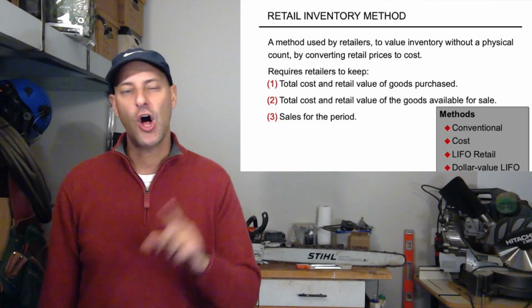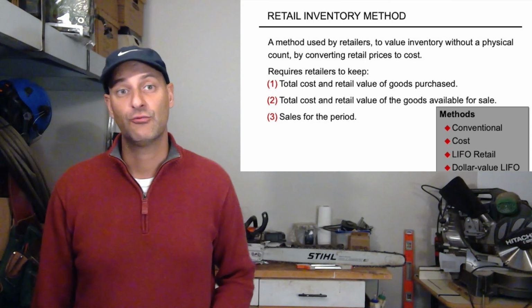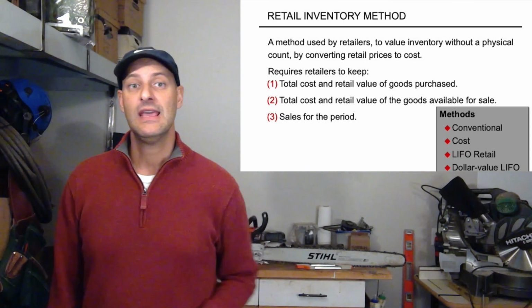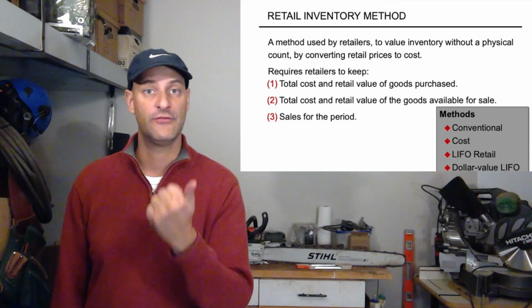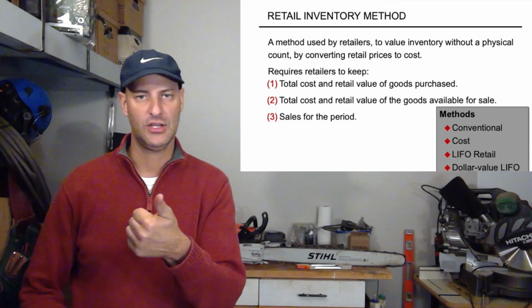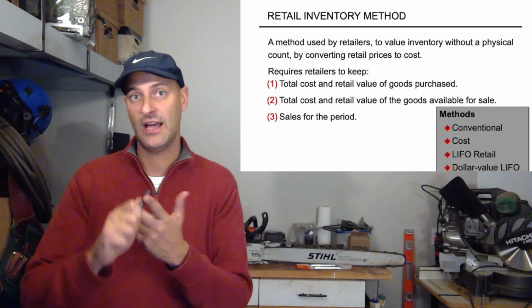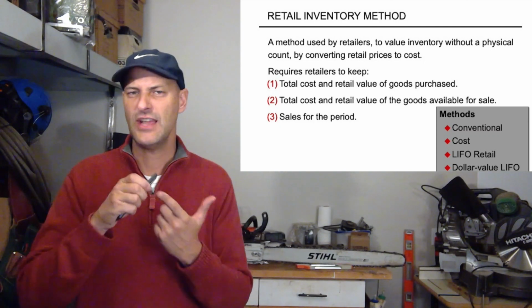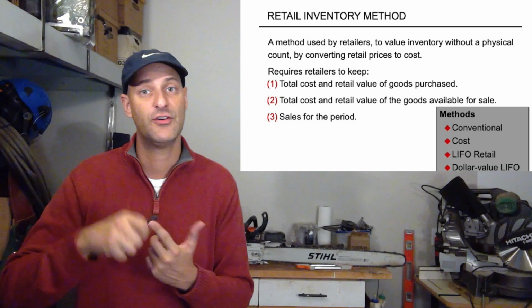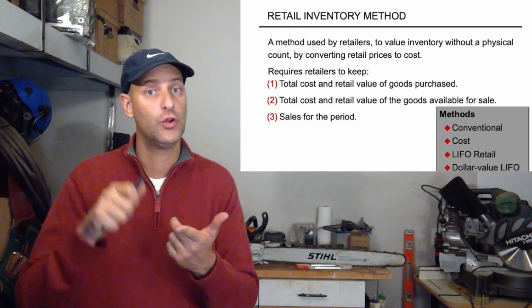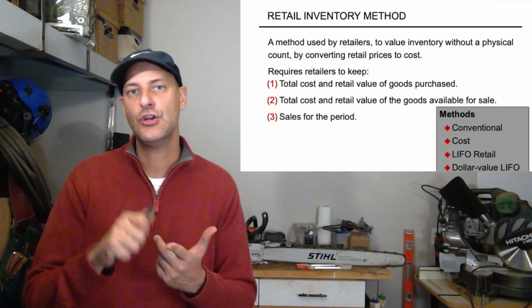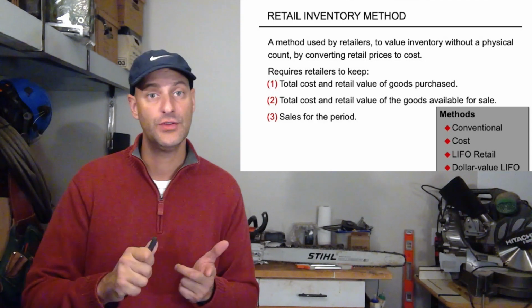So all this requires, and the benefit of this is for retailers, is that all they need to do is have total cost and retail value of goods purchased. Well, cost is easy because they purchased it, so cash went out the door. The retail value, they also track. They know how much the retail value is of their inventory because that's what it's currently being sold for. They don't have to know what they bought it for to do this.